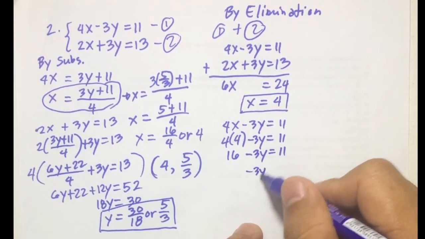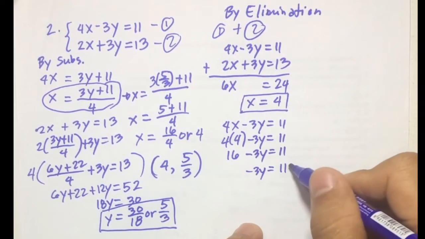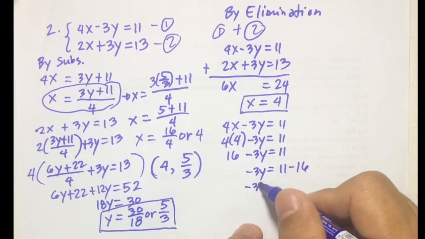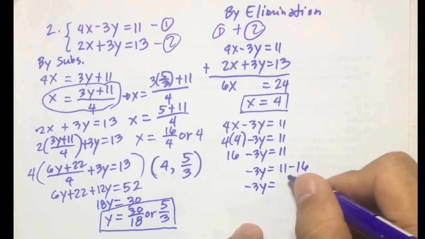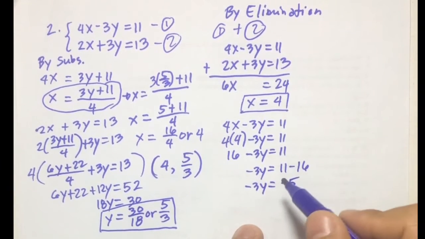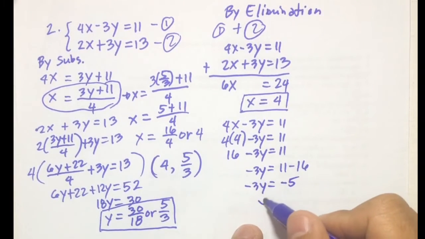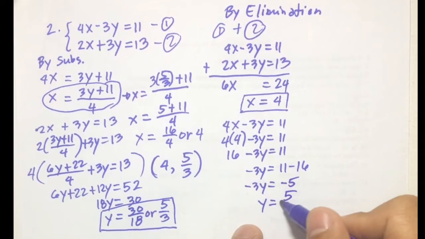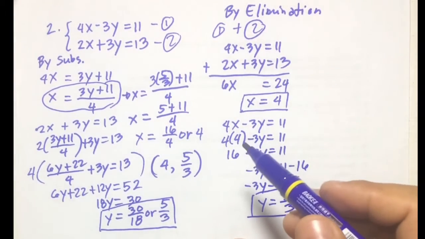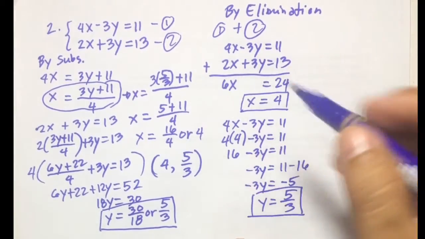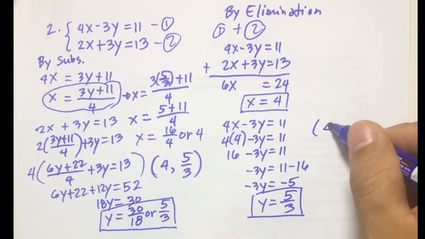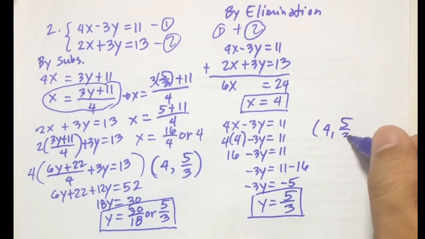Then negative 3y here will be equal to 11 minus 16. Then this is negative 3y equals 11 minus 16 is negative 5. Then dividing both sides by negative 3, we're going to have y equals 5 over 3. So we have the same answer as in substitution. So our solution here will be the point 4, 5 over 3.